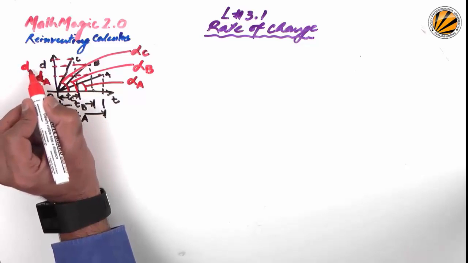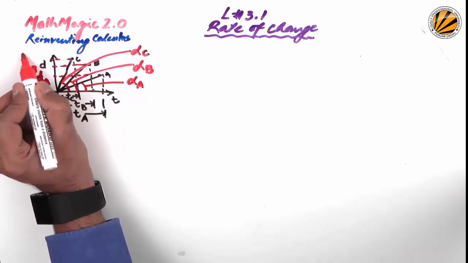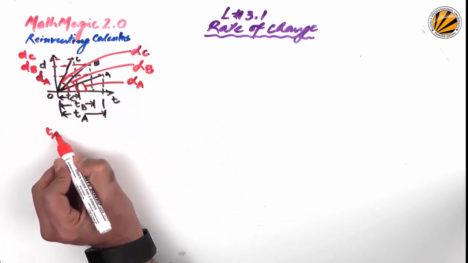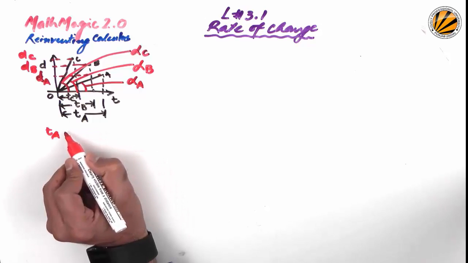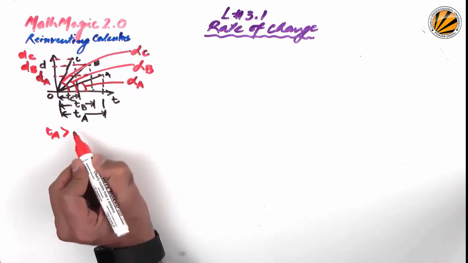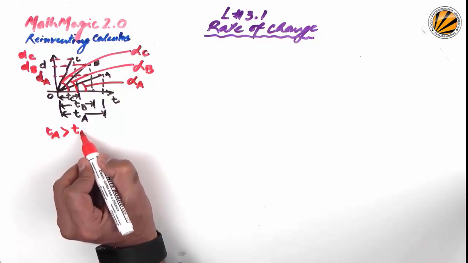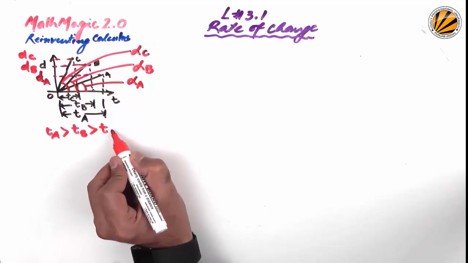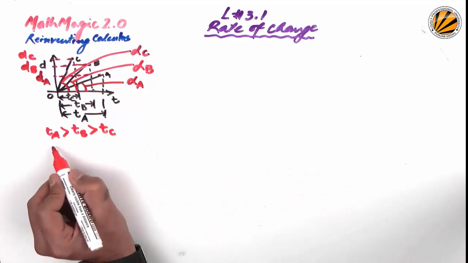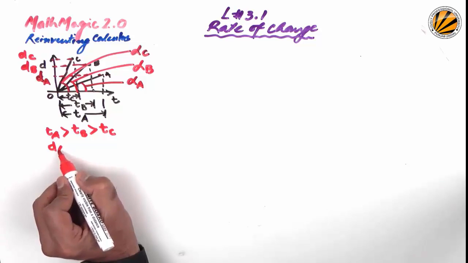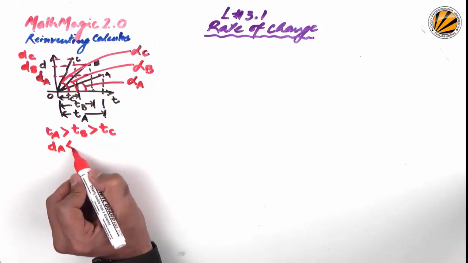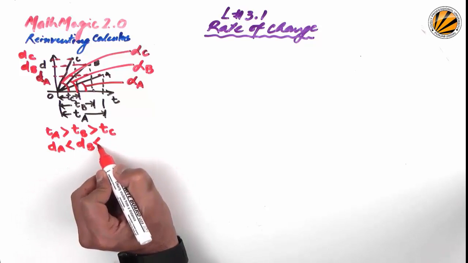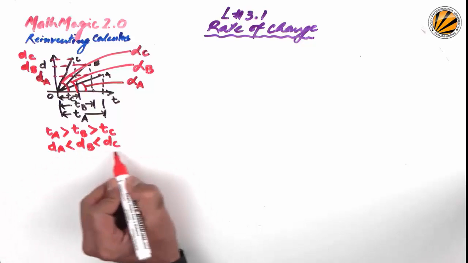This becomes the distance B, and this becomes the distance C. We know that TA, the time taken from O to A, would be greater than the time taken from O to B, which is greater than the time taken from O to C, whereas the distance travelled in OA is less than the distance travelled in OB, and the distance travelled in OC is more.